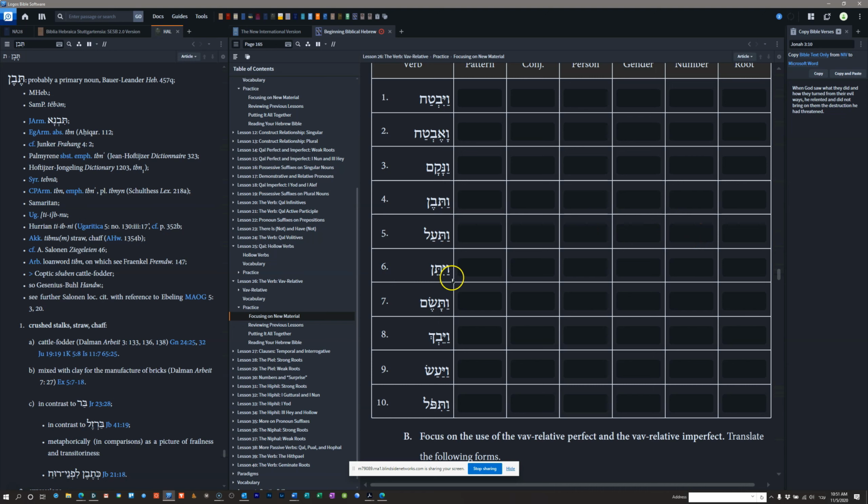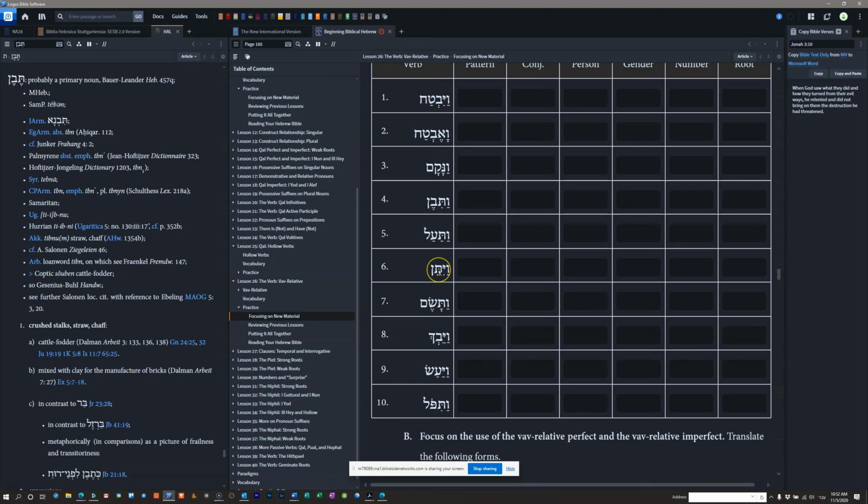All right, number 6. Here we've got vayiten. This is that unusual natan. We can tell that we've got a 1 nun here. The nun has assimilated into the R2 letter. You see that dagesh there?